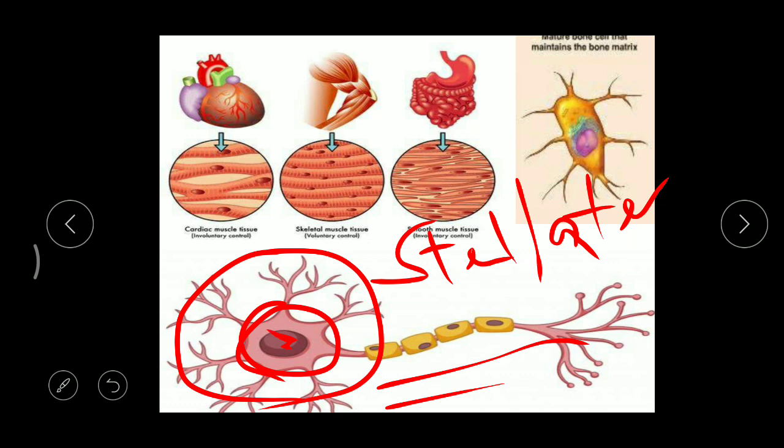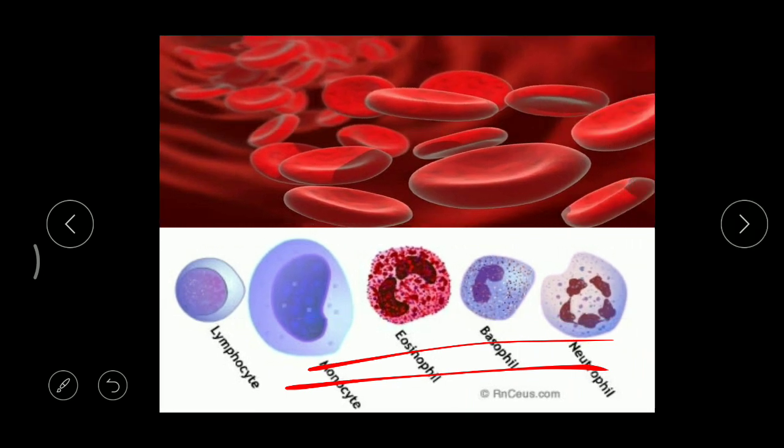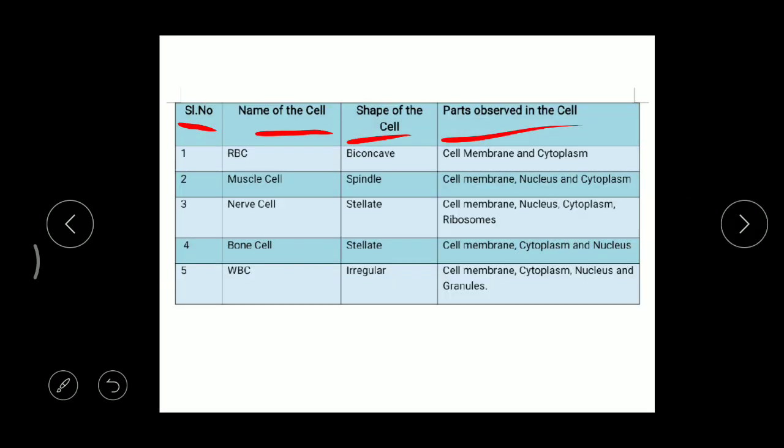Nucleus, and of course we can find some dots, and these dots are the ribosomes. Okay, and what's the next one? The next one, bone cell. What is the shape? Stellate, and we can find cell membrane, cytoplasm, and nucleus.